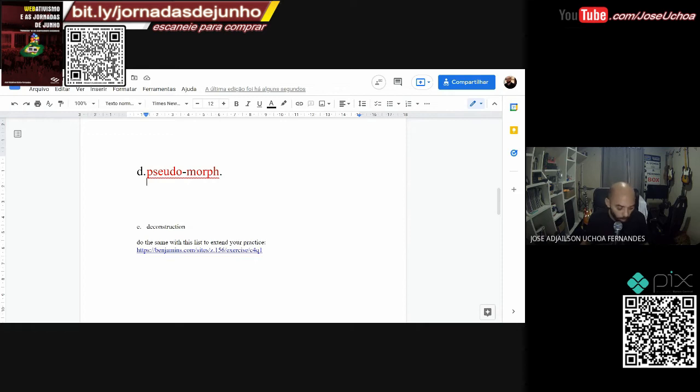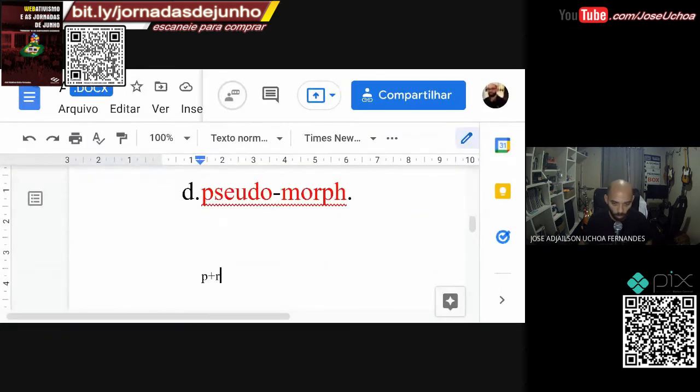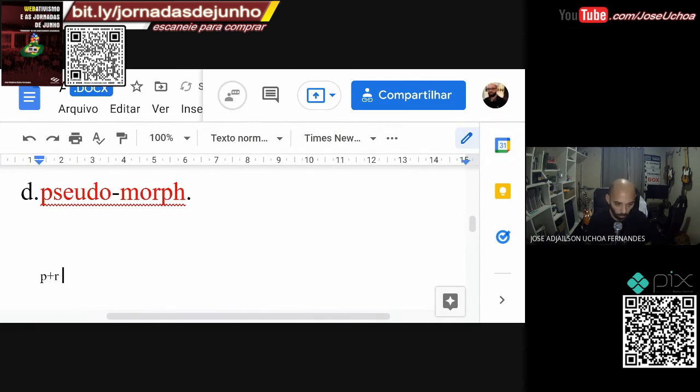So what we learn from this exercise is that we can have prefix plus root, or root plus suffix, or root plus root, as we saw here in pseudomorph.